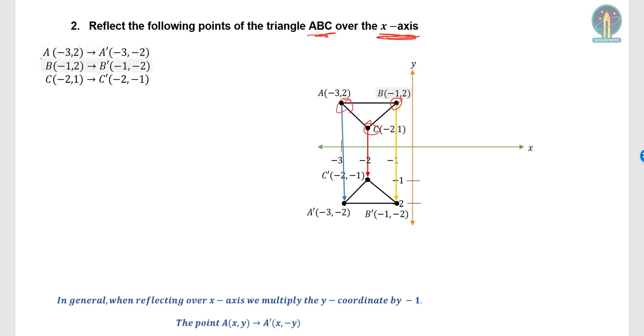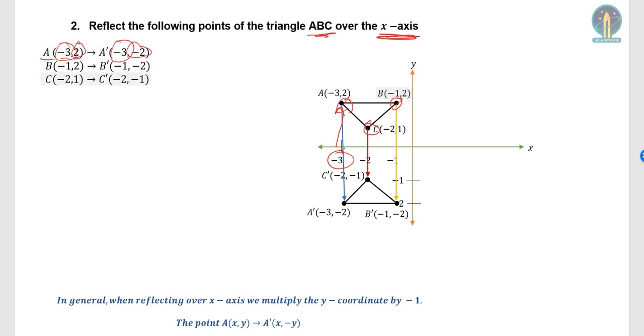So point A, or vertex A, is located at -3 and 2. So -3 on x, and then up 2 on y. This is point A. The reflection of that becomes -3, -2. Again, the x-coordinate remains the same. The y-coordinate is multiplied by -1.